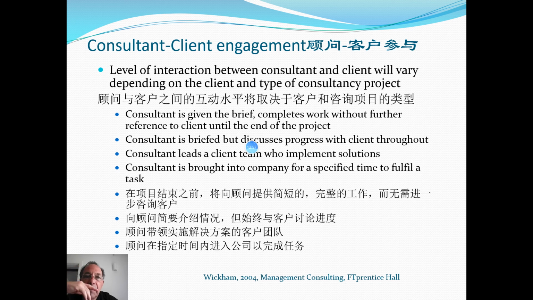So this may be a way of you reflecting on the level of engagement that you had with the client, and when you're carrying out that reflection, do refer to specific situations or examples to illustrate how that engagement and interaction took place over the course of the project itself.